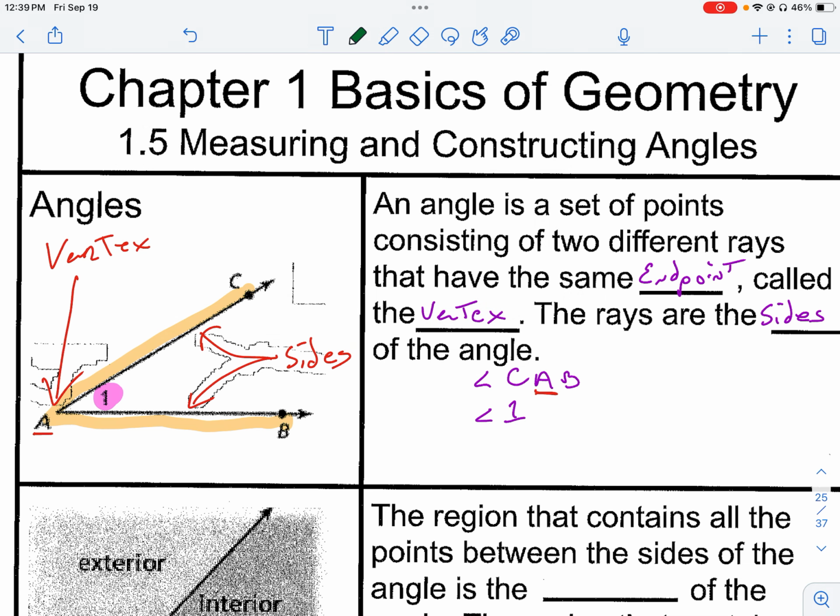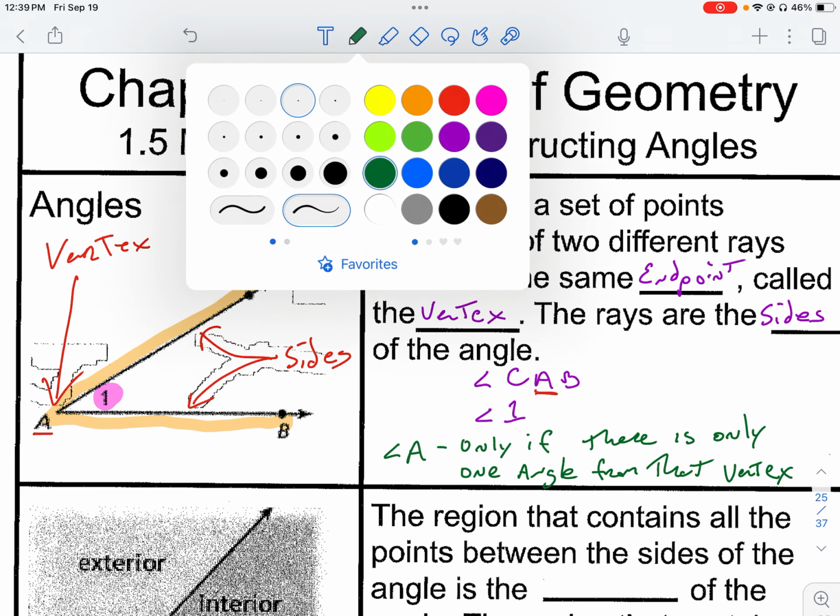Our third option is to call it by the vertex, so we can name it angle A. However, we can do it only if there is only one angle from that vertex.